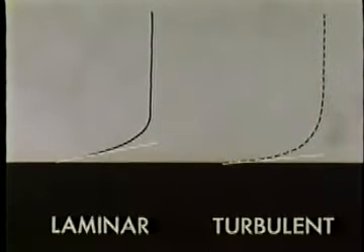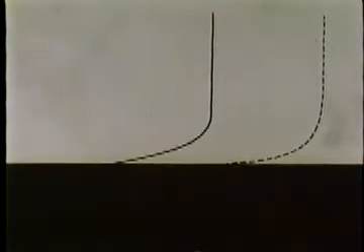In the diffuser, the turbulent boundary layer along the bottom wall does not separate, while the laminar one does, because the three-dimensional interchange between regions of high and low momentum fluid in the turbulent layer is more effective than the molecular diffusion in the laminar layer. Similarly, a turbulent boundary layer on the upper surface of this airfoil prevents large-scale separation, or stall, until a very high angle of attack.